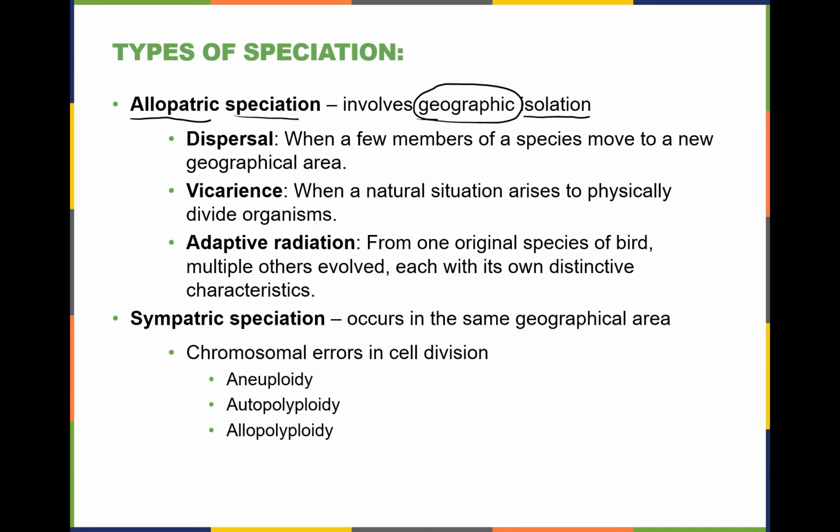There are several types of this one. The first one is called dispersal, when a few members of a species move to a new geographical area.